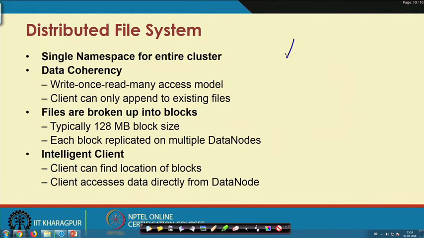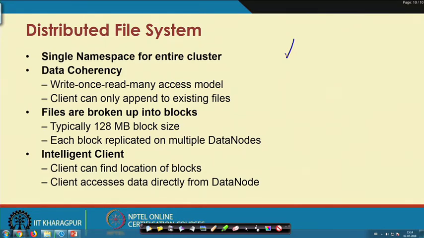Okay. So, files are typically broken up into blocks of big size. Typically 128 MB is the block size, which is much higher than the standard block size for file systems, and each block is replicated on multiple data nodes. Now, your HDFS client directly interacts with the data nodes to access the data.